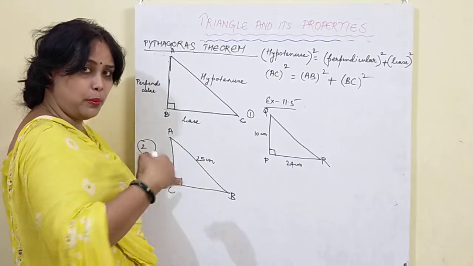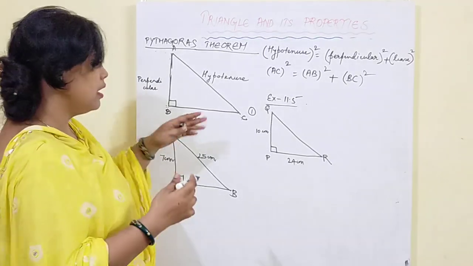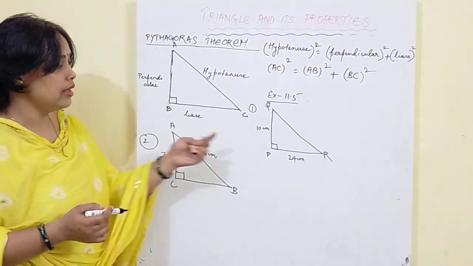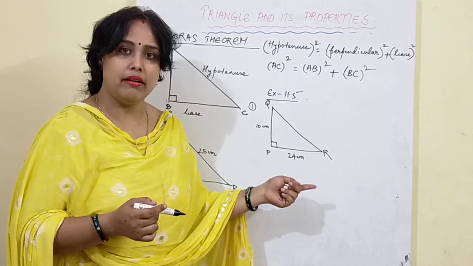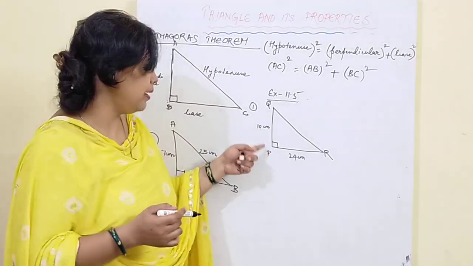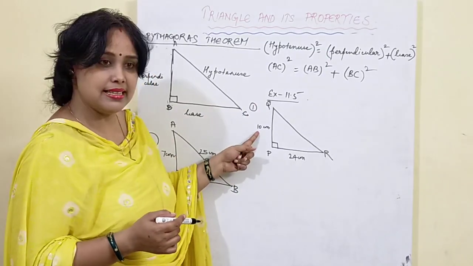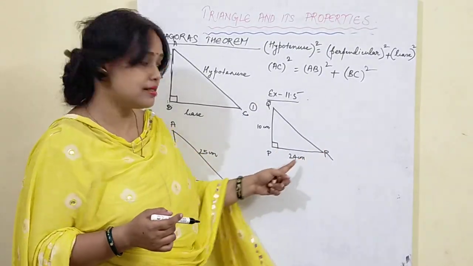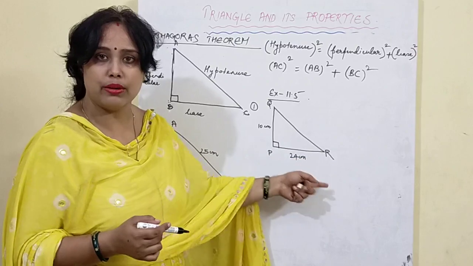So with this concept we will be solving exercise 11.5. Now see, first sum. It is given that PQR is a right angle triangle, right angled at P, that is at P it is 90 degree, and QP is given as 10 centimeter and PR is given as 24 centimeter. So we have to calculate QR.